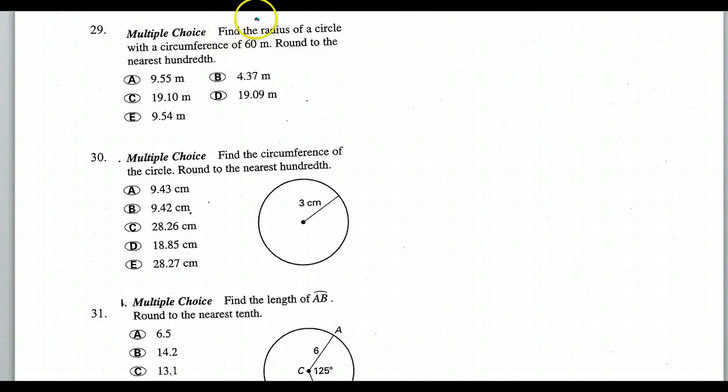Number 9, find the radius of a circle with circumference 60 m. Now, look, if they give you the circumference, use the circumference formula. So I'm going to use the version of the formula that goes 2 pi r, because r is the radius and we're supposed to find the radius. They gave us that the circumference is 60 meters, so just put that in.